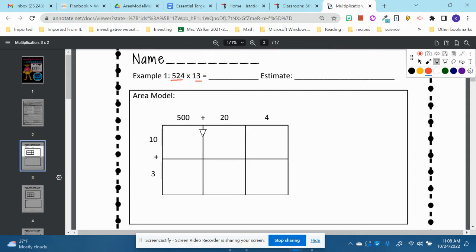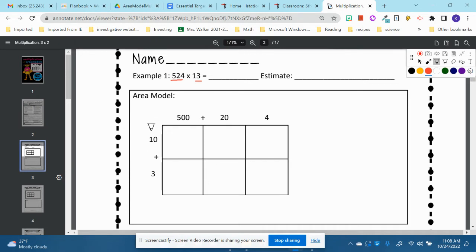So I make sure that my box is 3 wide for each place value. How many place values do I have in 13, Audrey? 2. So I make sure my box is 2 deep.